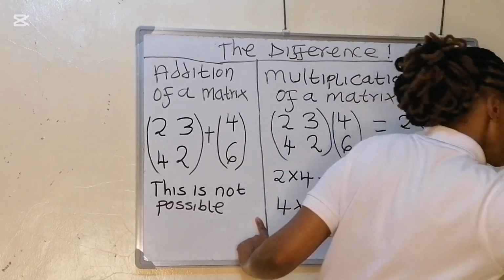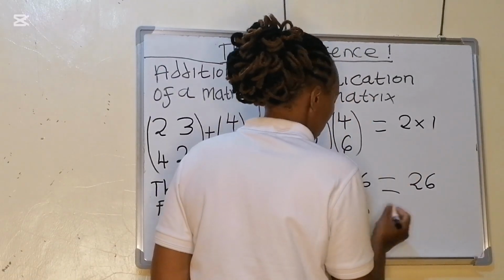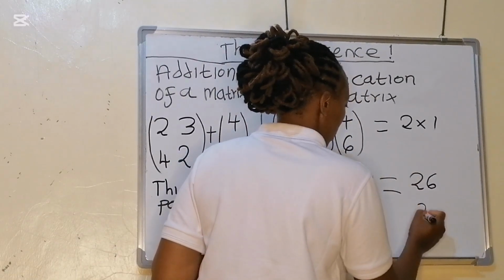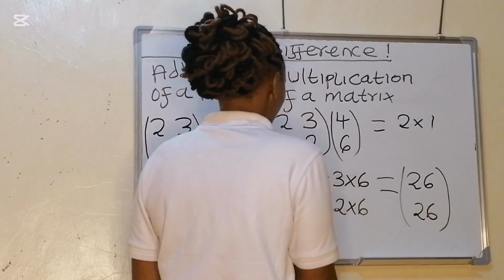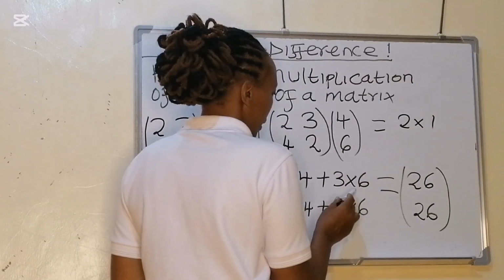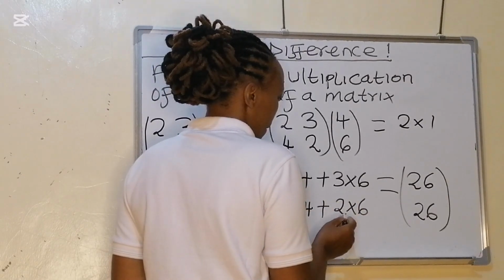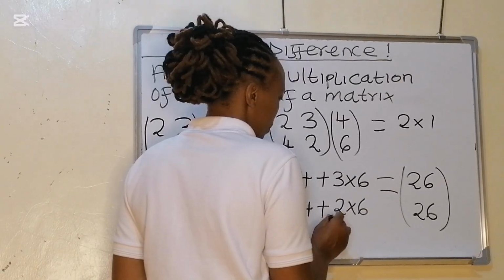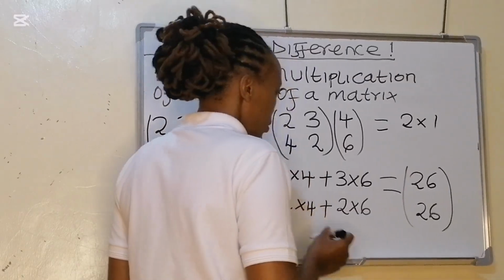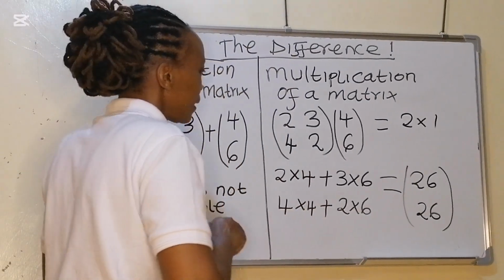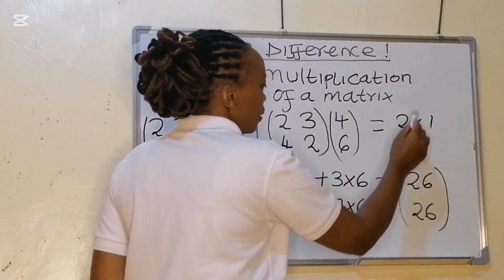We are used to calculators. It's 26. 16 plus 12, 26. Okay, so we have the matrix. This matrix is 2 by 1 because we have 2 rows by 1 column.